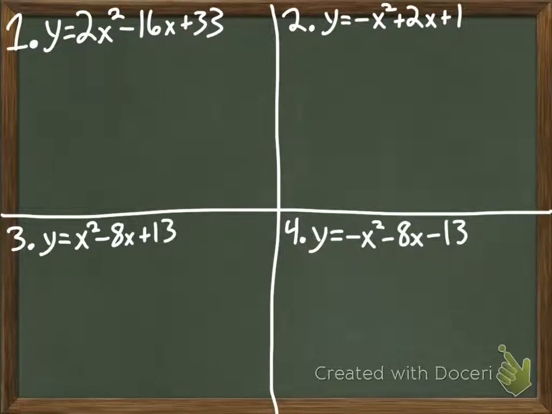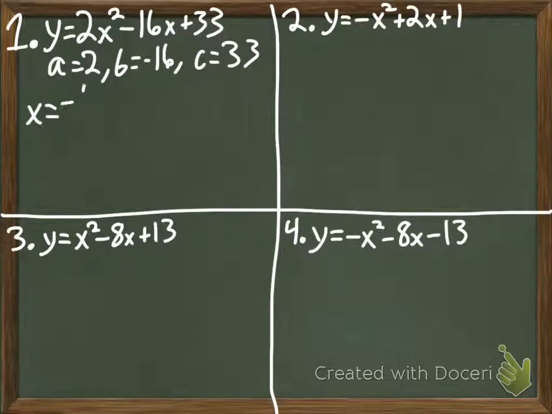So, for these 4 examples, we're going to find the vertex and only the vertex, and I'll do the first one. So it's always easy just to identify what our a is, what our b is, and what our c is, just so we don't get working and forget. So we know that x equals negative b, opposite of b, however you want to say it, over 2a.